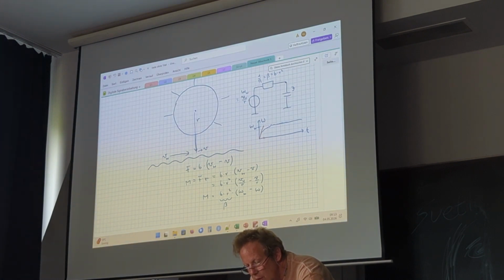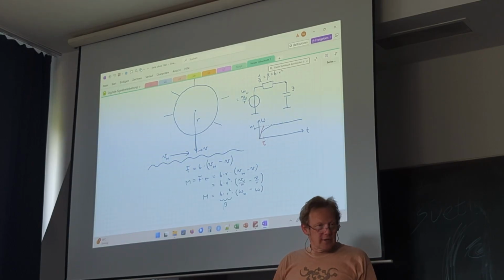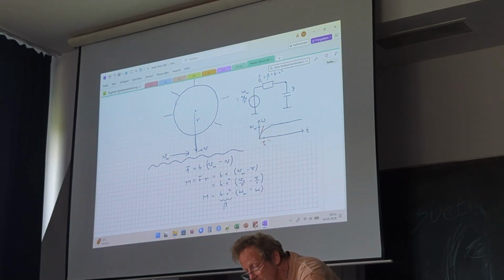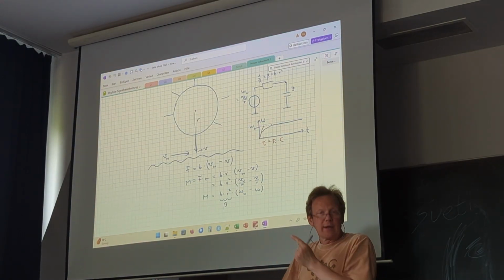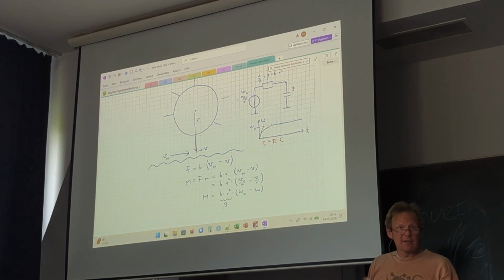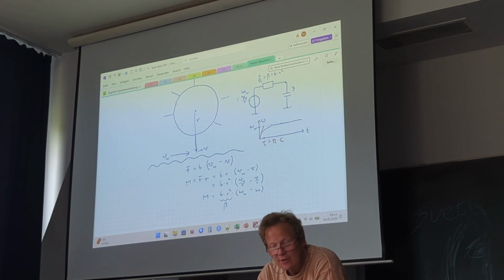We look on the time scale and we see here the typical constant tau. Electrically, tau would be R times C. And we can now even use the mechanical properties to calculate what the time constant would be here.